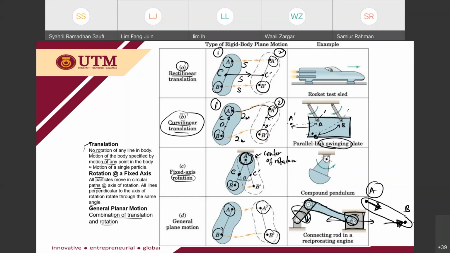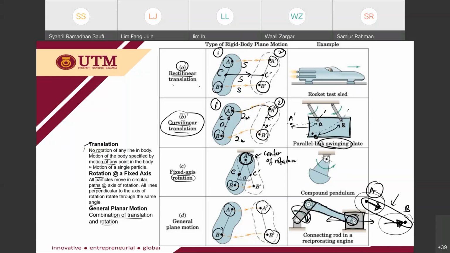If you notice, the directions of the velocities here are not parallel, so they are in different directions. From this case, we know that this rod is not rotating. There is no center of rotation for rod AB, and also the velocity lines are not parallel. So we can say that this is a general plane motion.